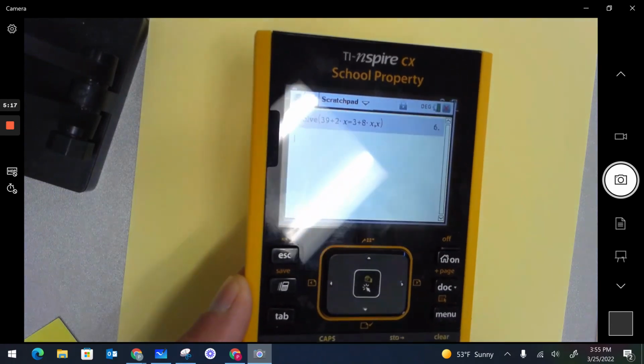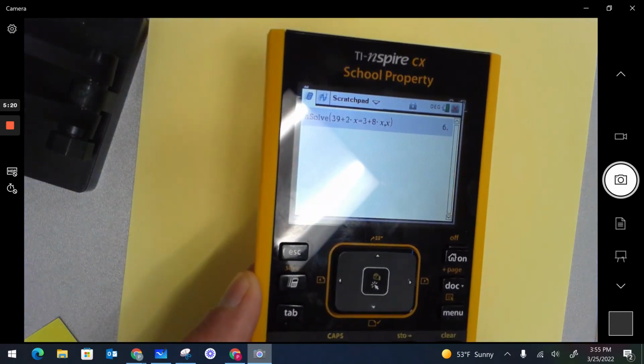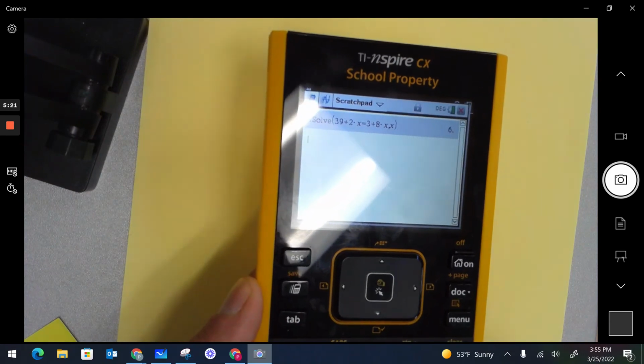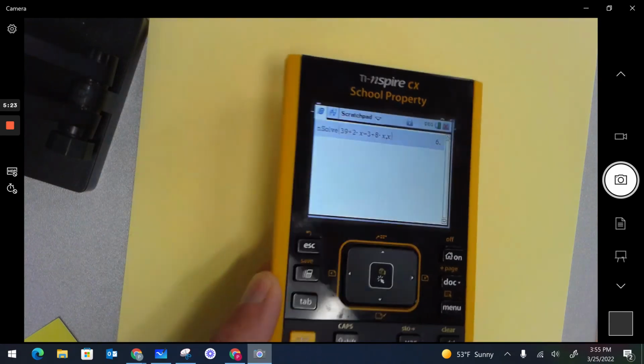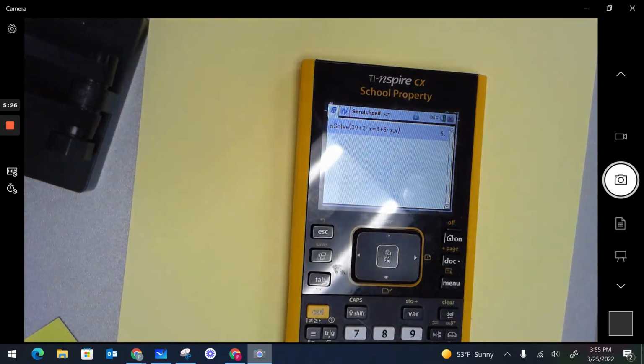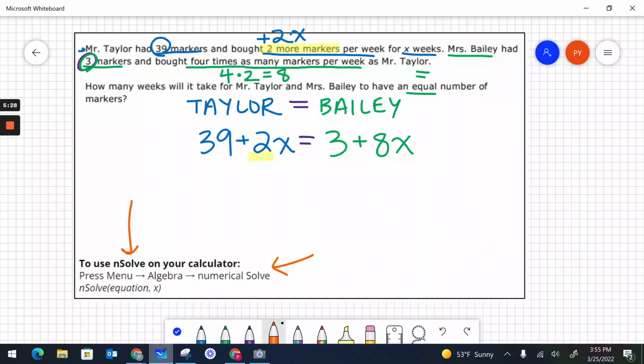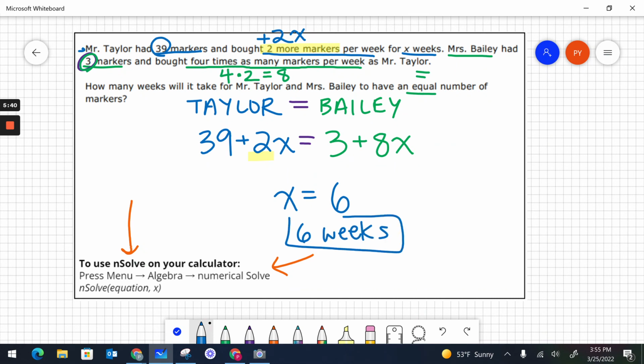Then I can press enter, and it will solve the equation for me, and I get the number 6. So go back here, x is equal to 6. So it's going to take 6 weeks for them to have the same amount of markers.